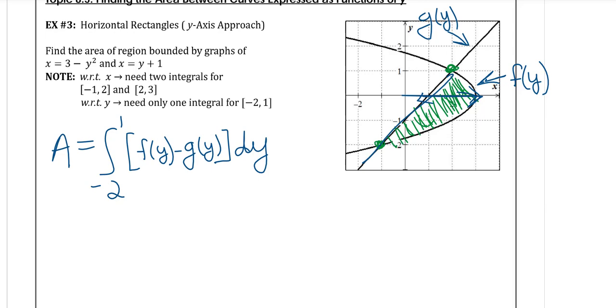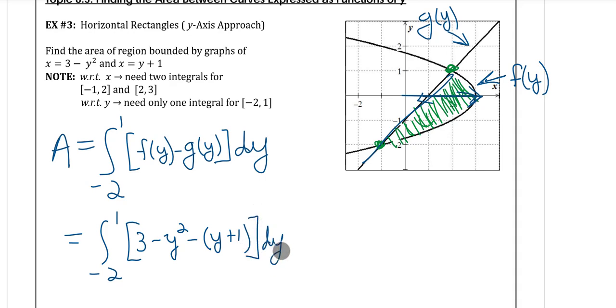Don't think up and down, think left to right. And so the larger function, or the one that is quote unquote above, will be to the right. So that's why it's f of y first. Okay, so then substituting, we get the integral from negative 2 to 1 of 3 minus y squared minus y plus 1 dy.